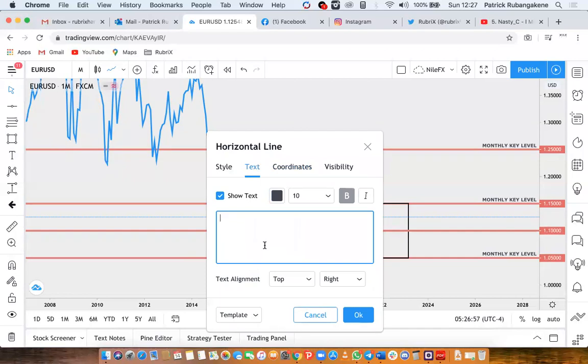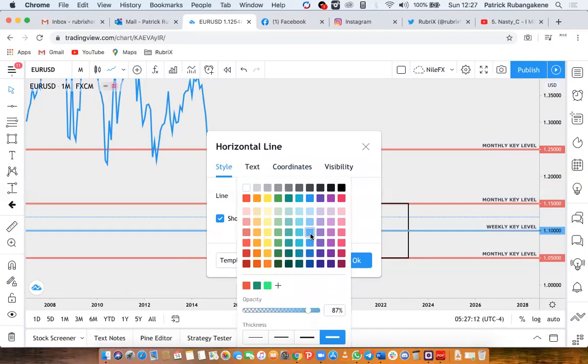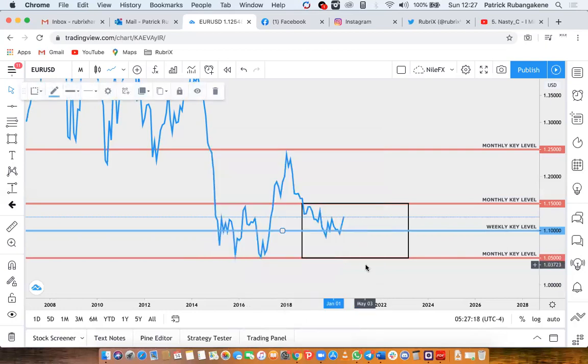Since it's my weekly key level, for formality, I'm going to have a different color. I'm going to keep my weekly key level at blue.